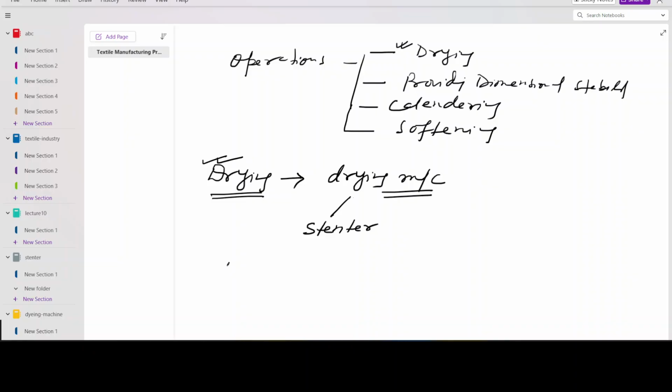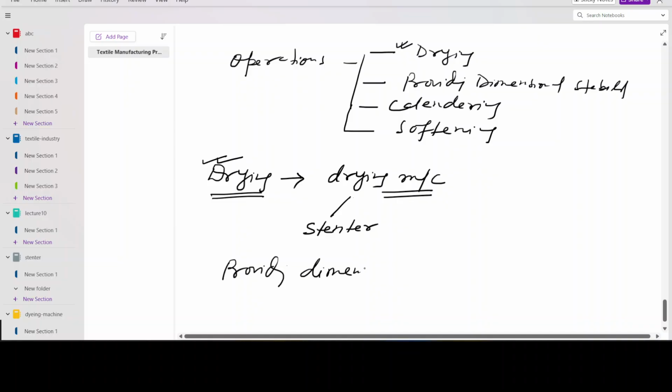Another one is providing dimensional stability. Dimension means length and width.